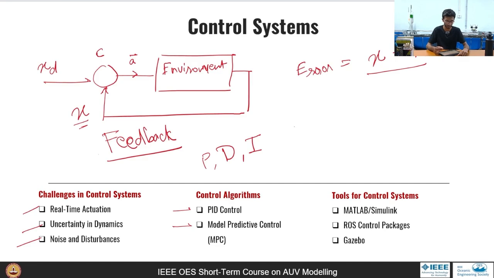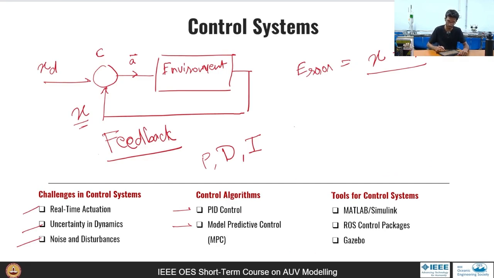A PID algorithm does not consider the actual dynamics of the vessel and hence may not be the most optimal action for that particular environment. A more advanced algorithm which can allow us to do a better navigation can be the model predictive control algorithm, but it's a bit more computationally expensive, so it's a trade-off between computation and accuracy in navigation.